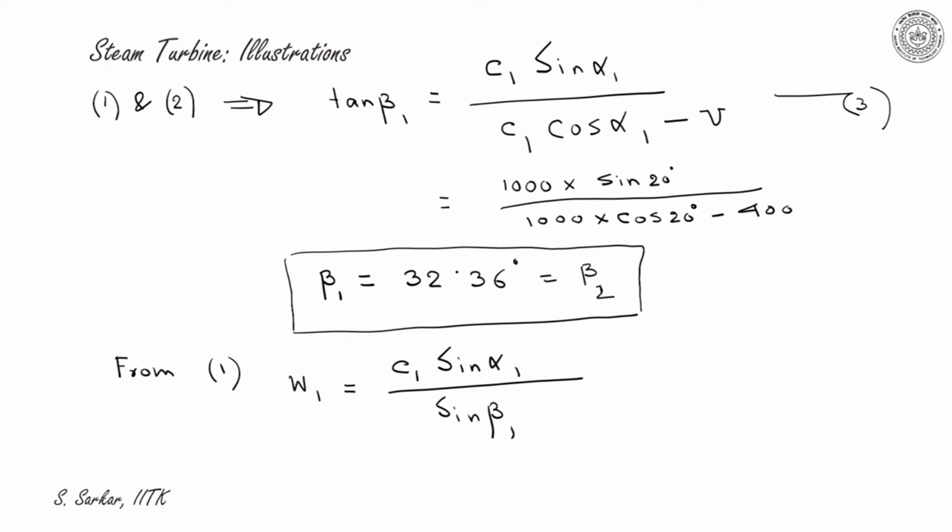C1 is known to you, and so are alpha 1 and beta 1. So if you evaluate, you will get 639 meter per second. In this case, this also would be equal to W2, since K is equal to 1.